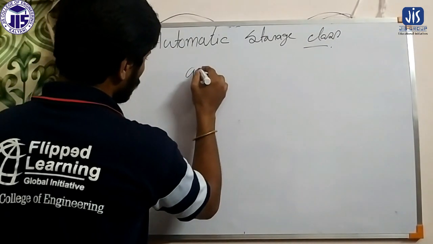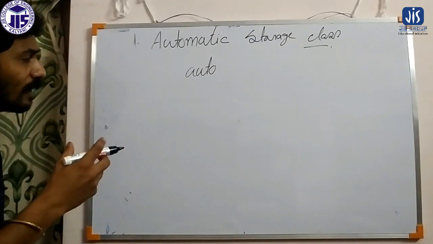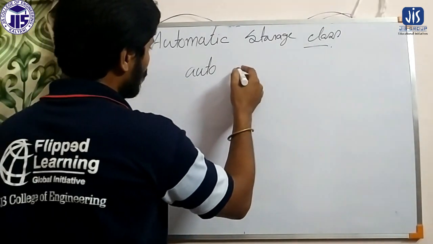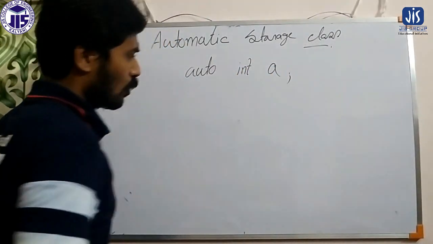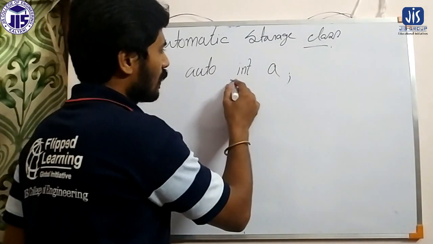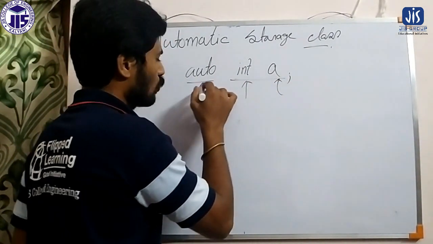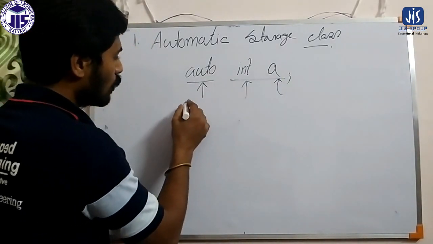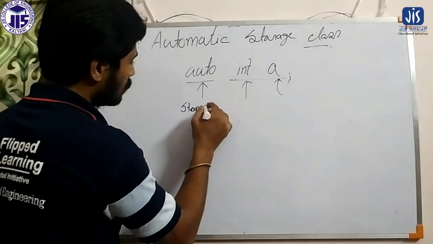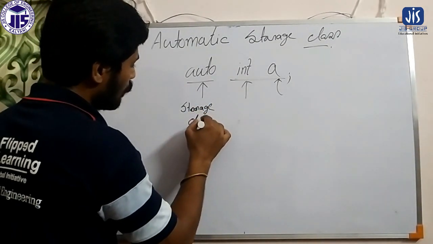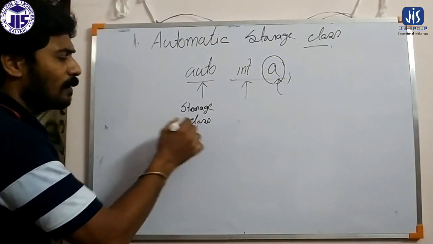So if I write a variable like this, auto int a, it means that a is a variable of integer type and its storage class is auto. This keyword auto represents what type of storage class this variable has.